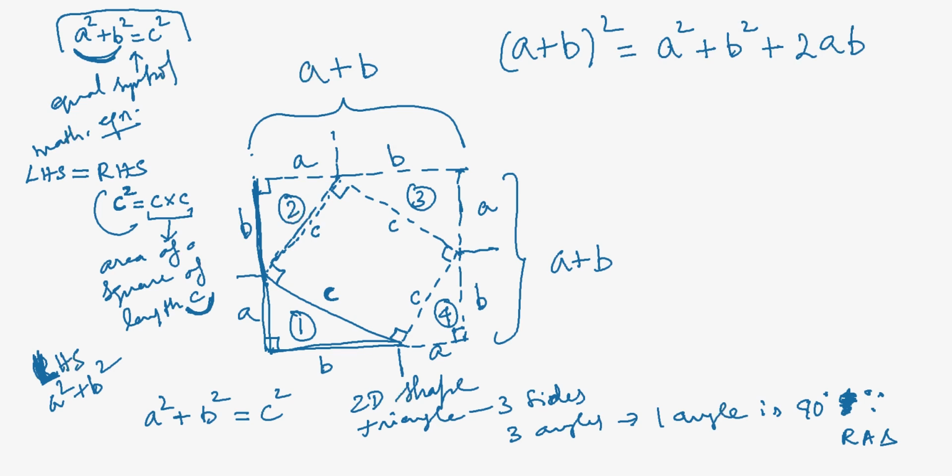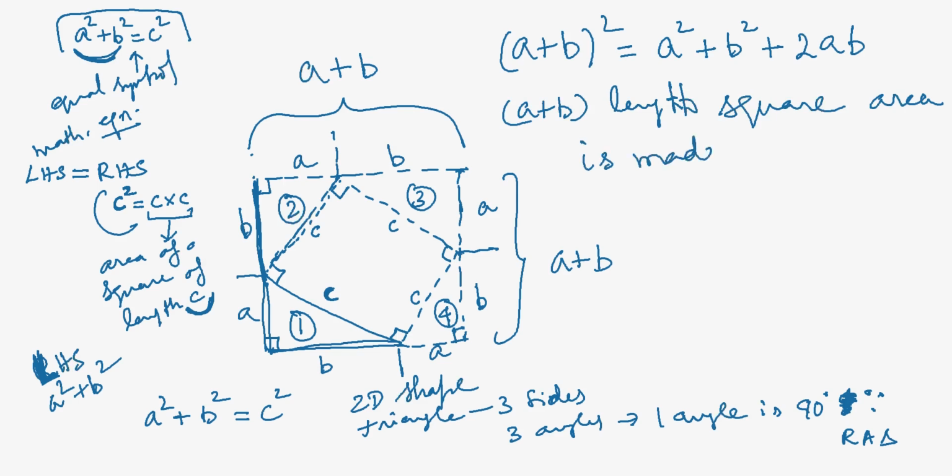So now you see the (A plus B) square area is actually made up of the C length square area. You see that, right?